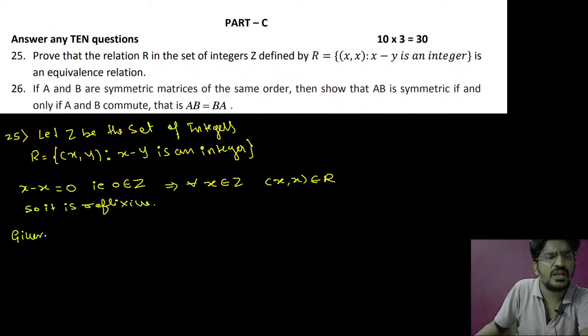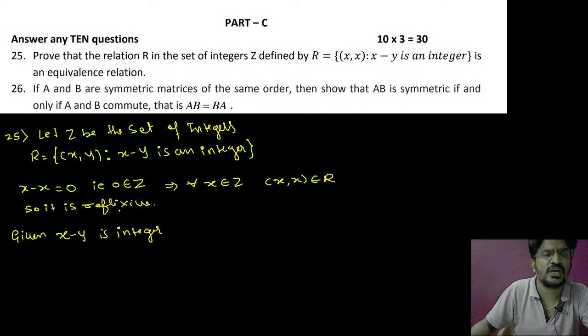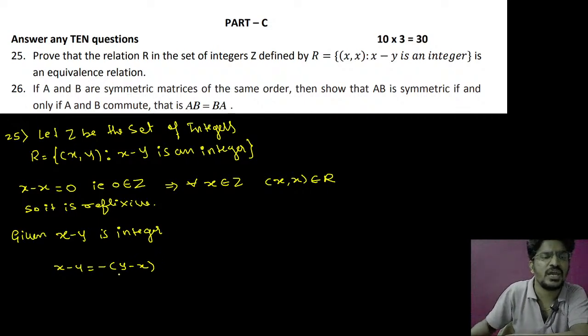Now what is given? x minus y is an integer. So x minus y is equal to minus of (y minus x). By taking the minus sign, you can write x minus y as minus of (y minus x).